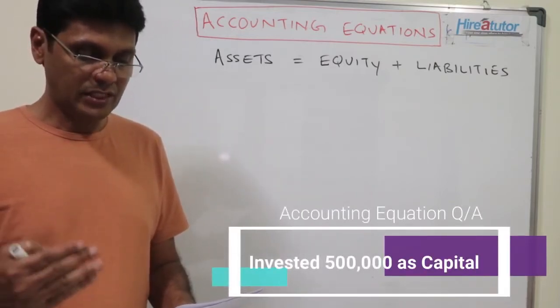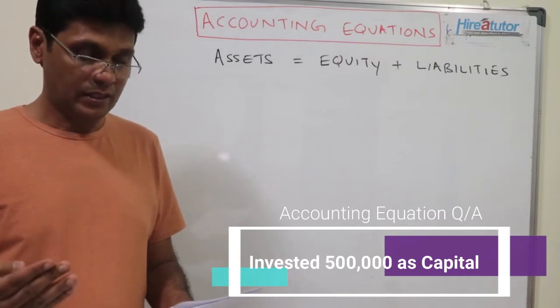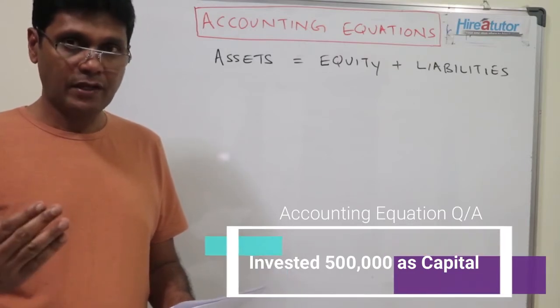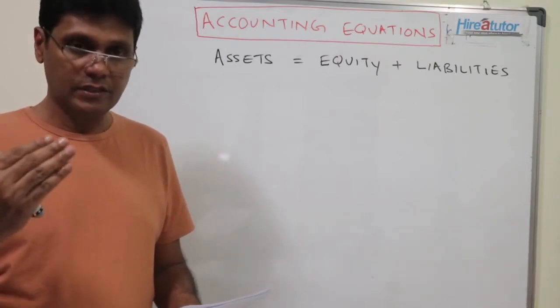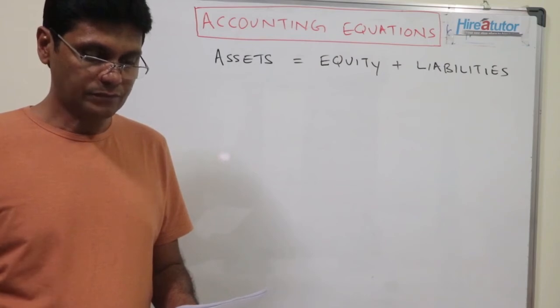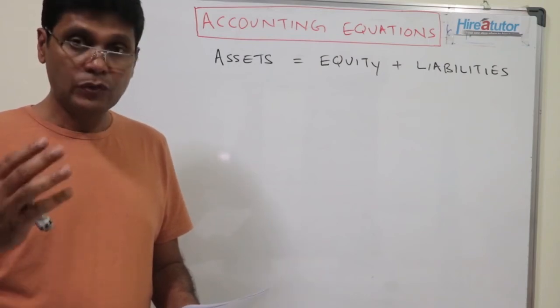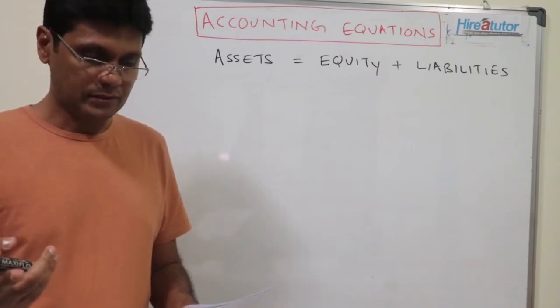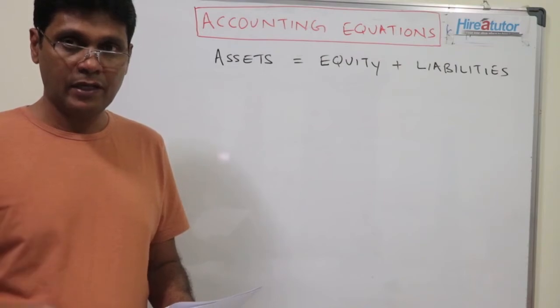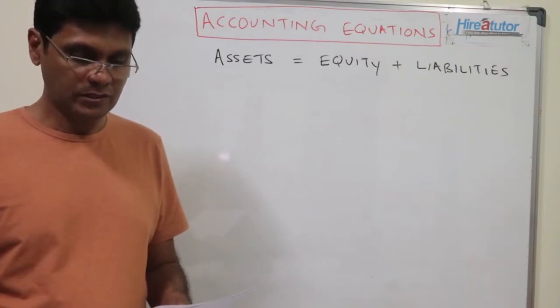Since she has invested 500,000 capital, what is the impact on the accounting equation? There are two impacts, as I explained in my accounting equation introduction.